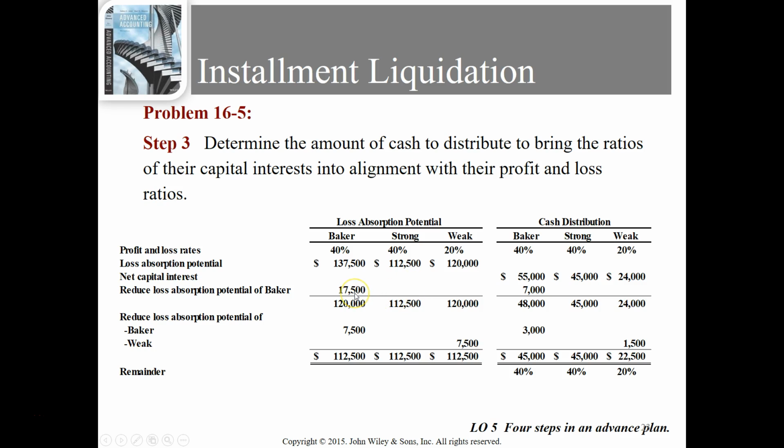Okay. The trick is now to make all the partners equal. 137 is the highest. The next highest is 120. Therefore, I would have to reduce this 137 number to 120 in order to make this work. 137 to get to 120 is $17,500.